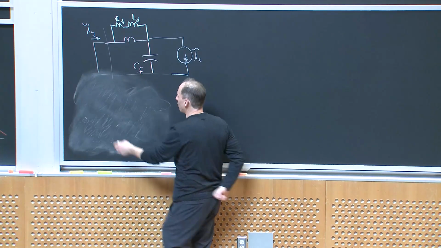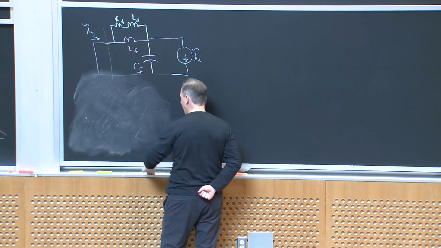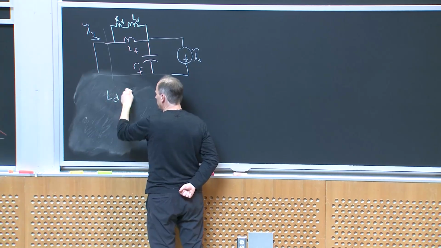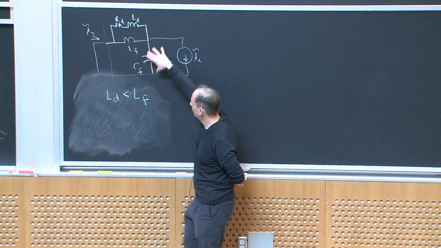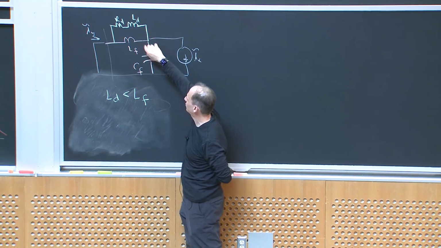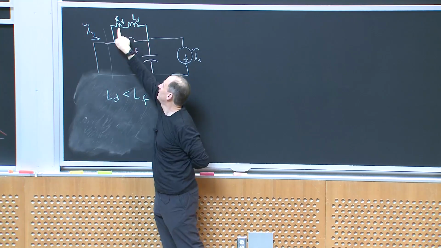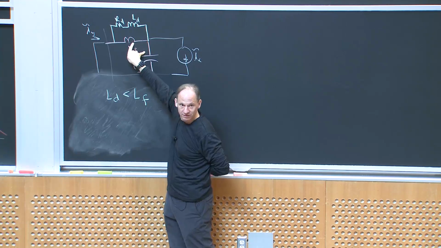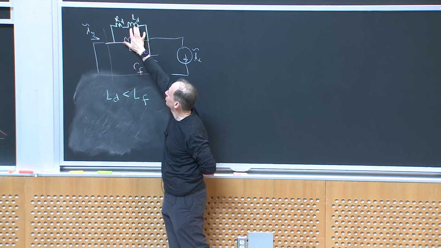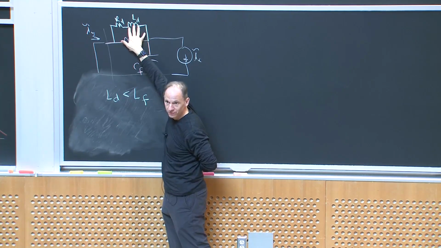In this case, if this is LF, I would make LD less than LF, so that near the cutoff frequency, 1 over the square root of LF CF, LD now looks like a short circuit, and it's RD that's damping LF and CF. When I get to high enough frequencies, LD starts to look inductive. It looks like a higher impedance than RD, and I get my roll-off. Okay?